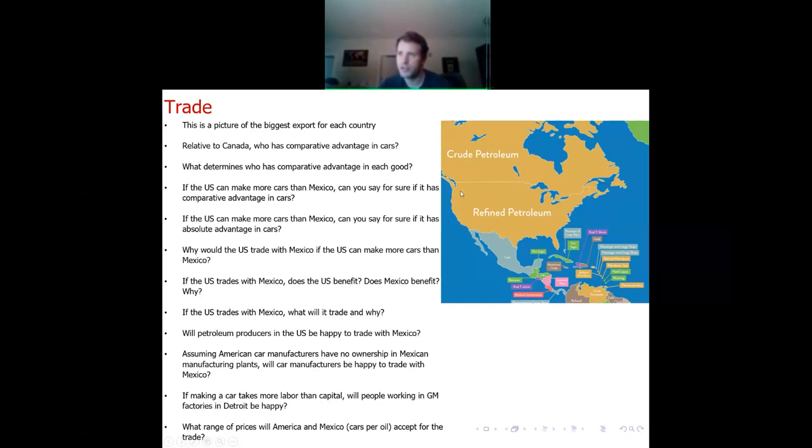In the real world, what determines who has comparative advantage usually has to do with relative resource abundance. So Mexico might have more of the materials needed to make cars, for instance, more labor or cheaper labor than Canada does. Whereas Canada has vast reserves of oil, so that's why they're able to produce more petroleum than Mexico does, where Mexico probably doesn't have too much oil.